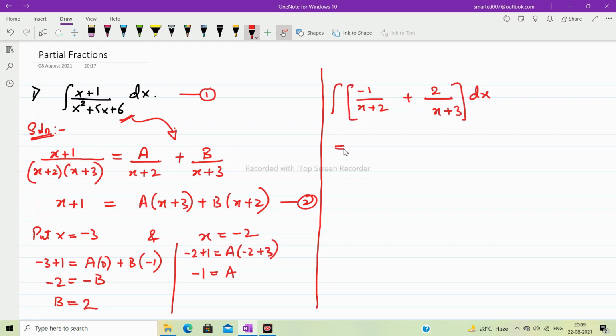Now this becomes very simple. So this is minus 1 upon x form, which is log, or you can say ln. So minus ln(x plus 2) plus 2 ln(x plus 3) plus c. So this is the answer.